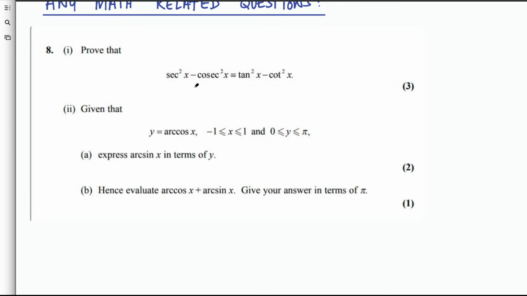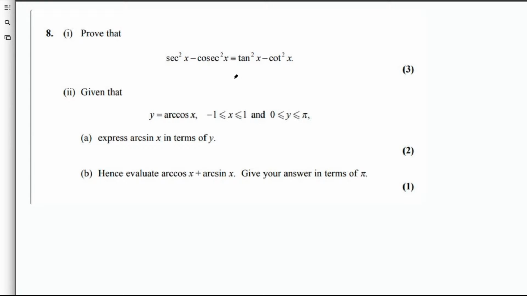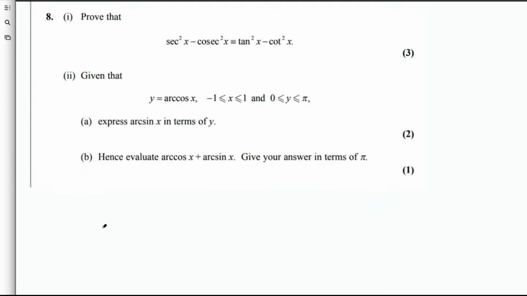Firstly, we have an identity to prove. We have to prove that sec squared x take cosec squared x is equivalent to tan squared x take cotangent squared x. I'm not sure which side to start with here. I'm just going to go with the left hand side because why not?